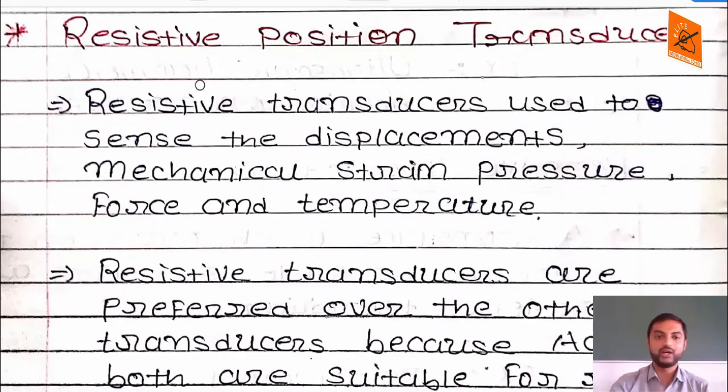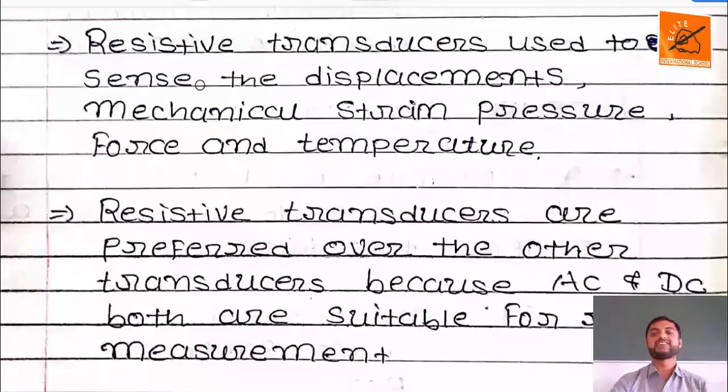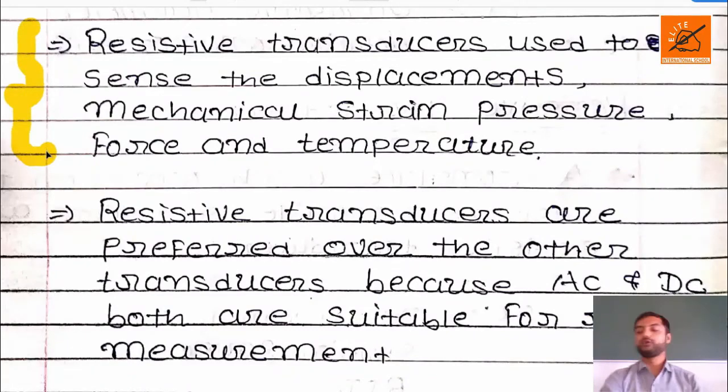So let's go ahead. Resistive transducers are used to sense displacement, mechanical strain, pressure, force and temperature. So there is the application of resistive position transducers.